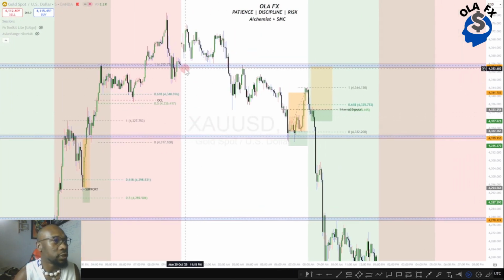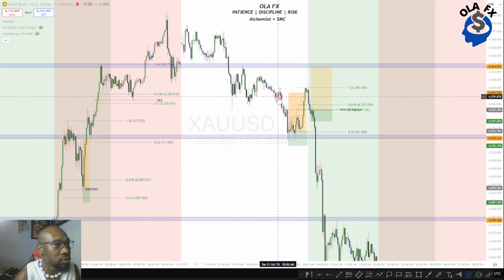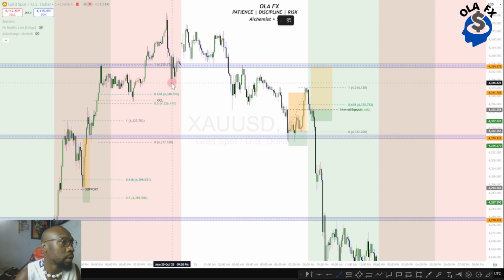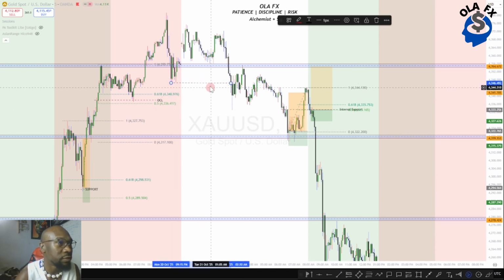So for Tuesday Asian session, we had some nice displacement. Around 6:30 a.m. I saw some nice patterns. That very day I was looking for sales, because this particular candle closed with a body on the 5 minutes time frame, and I take this as my market structure shift.